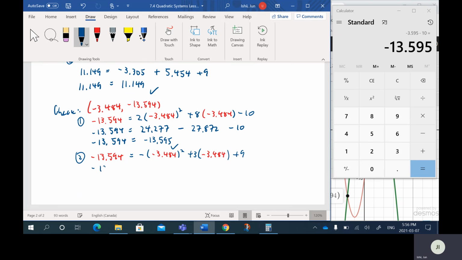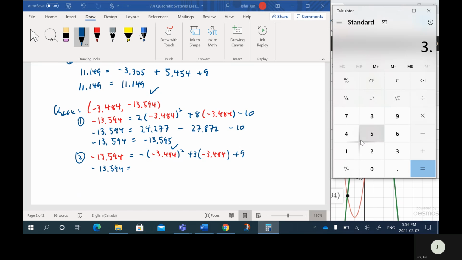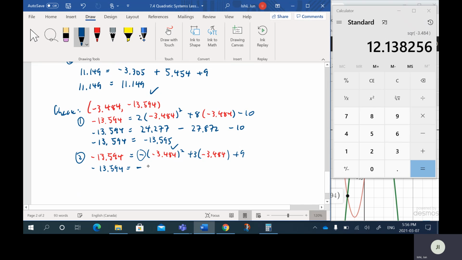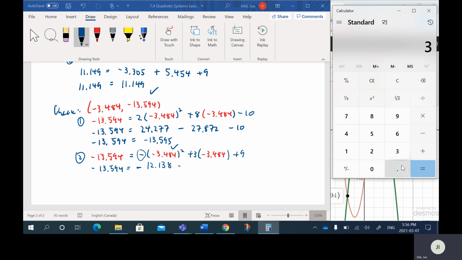All right, so let's see what we got here. All right, so 3.484 negative, and if I square that, we have positive 12.138. All right, but then again, we have the negative sign out here, so this is going to turn this into negative. Next up, I got negative 3.484 times 3.